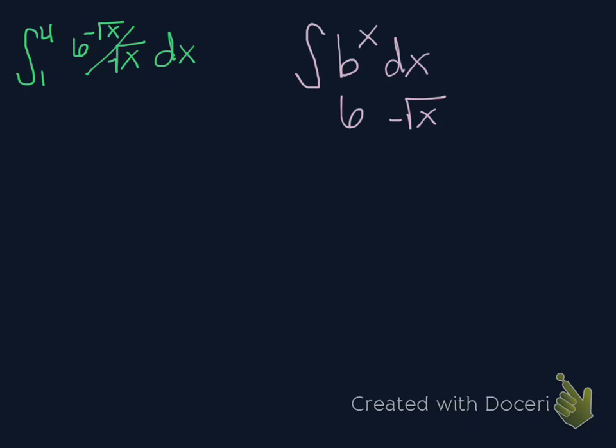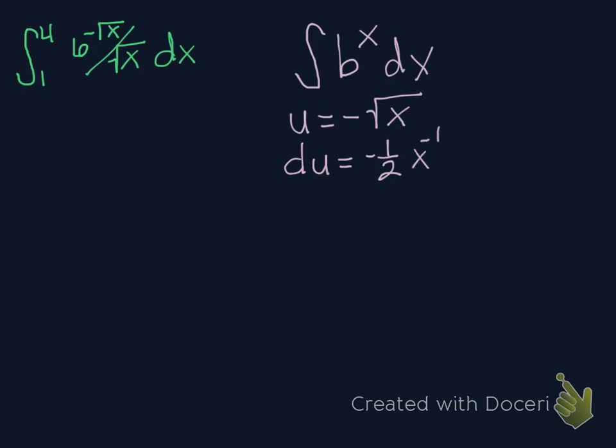So we've got to use u substitution so that we end up with just like a 6 to the x or a 6 to the u. Okay, so let's let u equal the negative square root of x, because I don't want a negative up here when I replace this. Then du is equal to negative 1/2 x to the negative 1/2 dx.